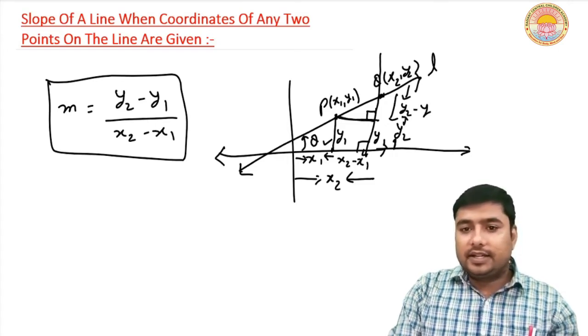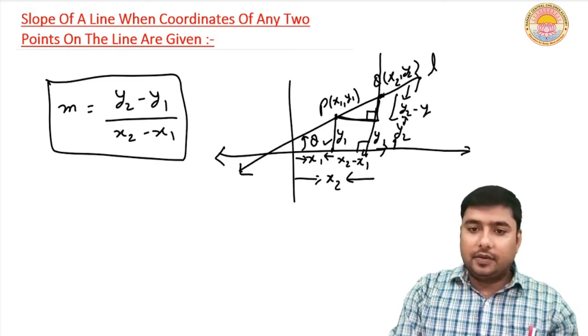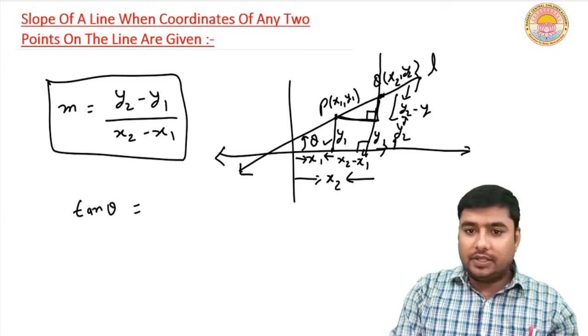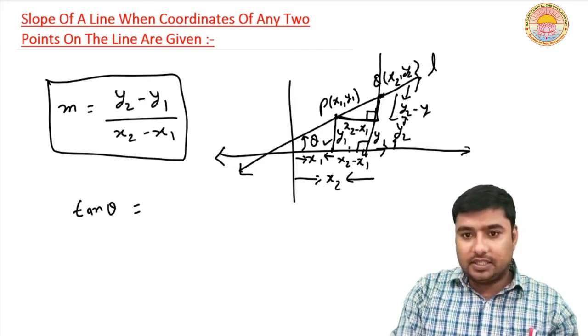So in this triangle, perpendicular upon base equals tan theta. Tan theta means perpendicular upon base. The base is x2 minus x1, because this distance and this distance are equal.